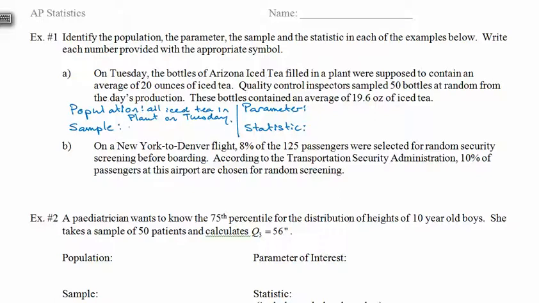So 50 bottles selected at random. The parameter is the mean, and that's the population mean. And the statistic is also the mean, but this is the sample mean.